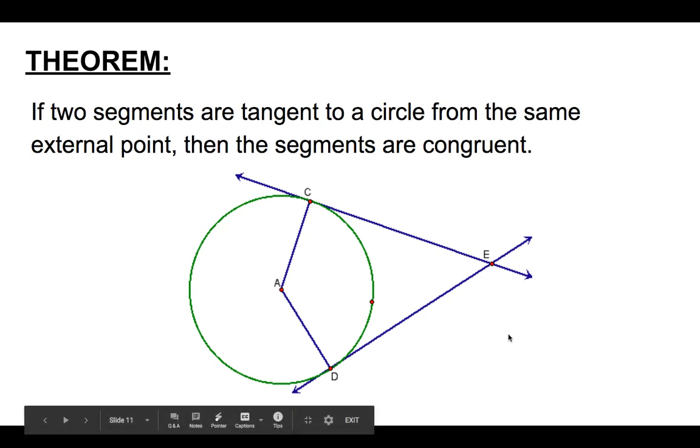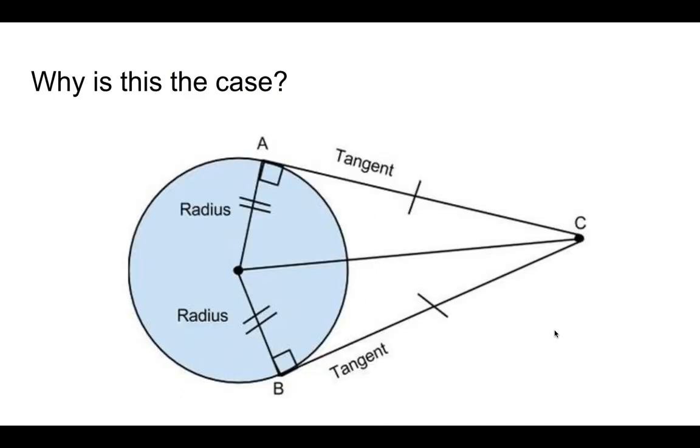The reason we know this to be true is that, by definition, in order to be a tangent line, you've created a right angle where that tangent line and the radius line meet.